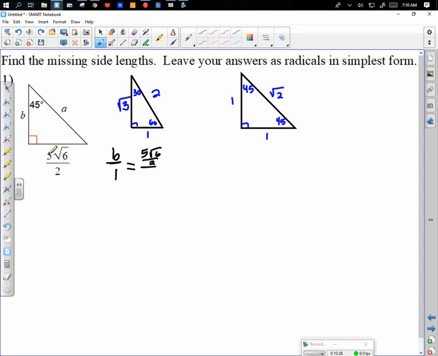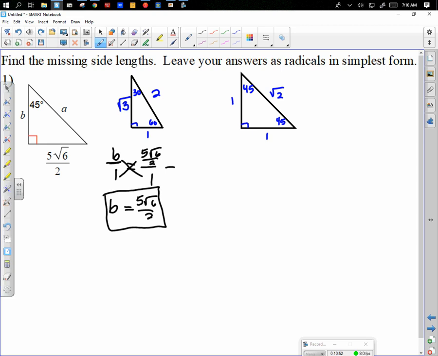And this side corresponds to this over here, 1. Now you cross multiply. b times 1 will give you b. 1 times this will give you 5 radical 6 divided by 2. And that is the answer. I found b.